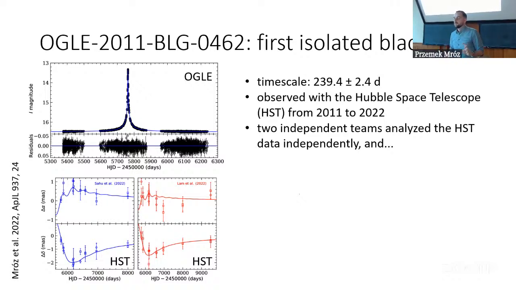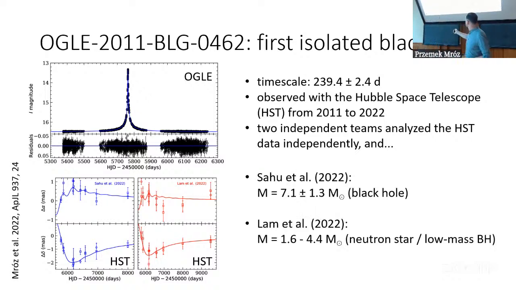These data were analyzed by two teams. One of them was led by Kailash Sahu from the Space Telescope Science Institute. And another team was led by Casey Lam, who was at the time at Berkeley. And as you can see by eye, these two groups came up with different measurements.